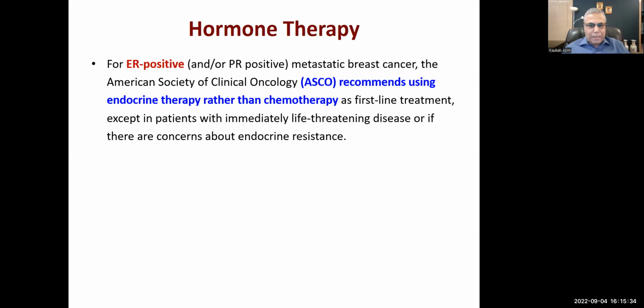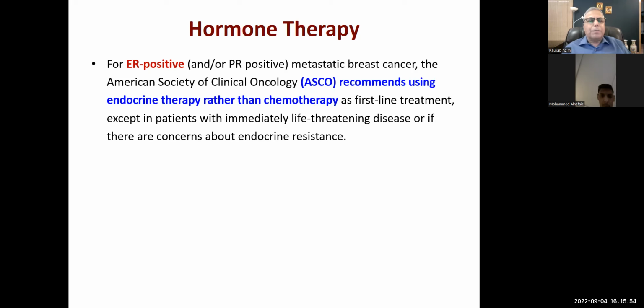So you have to use one, because if you use both, you will not know which one is working. Chemotherapy will always work because it kills the cancer cells. But what you want to do is that, if the cancer has gone to other tissue, now our objective is to improve the quality of life and to increase the overall survival of the patient, right?